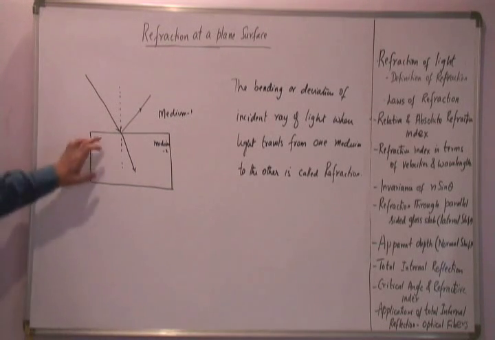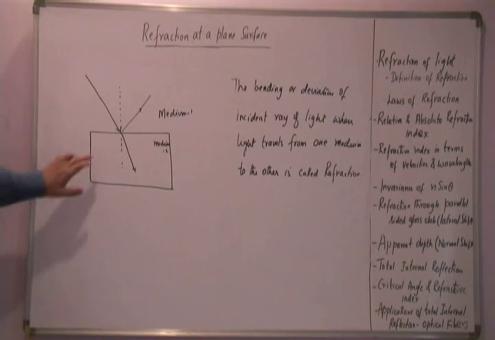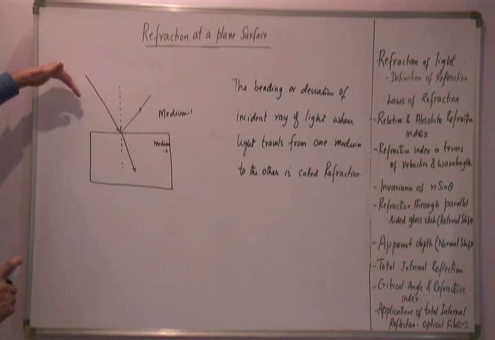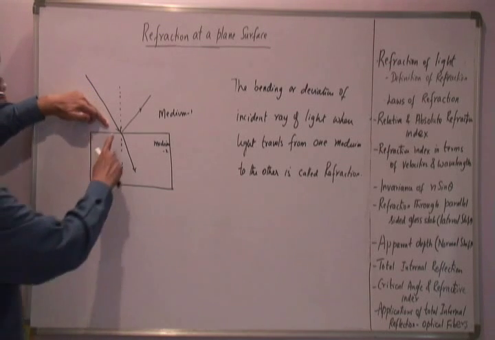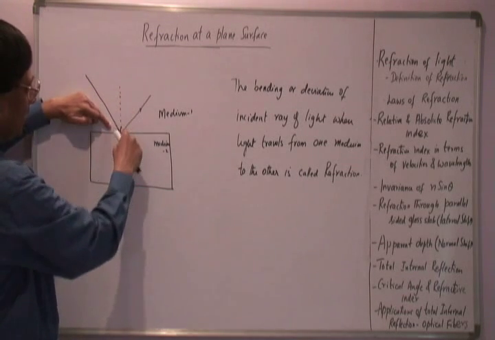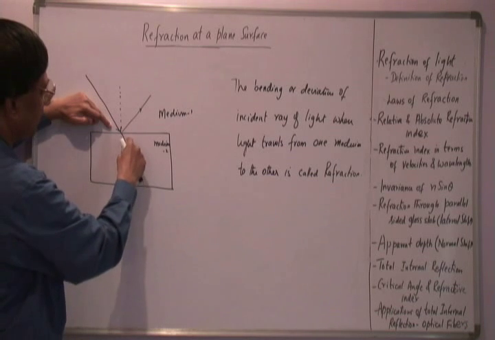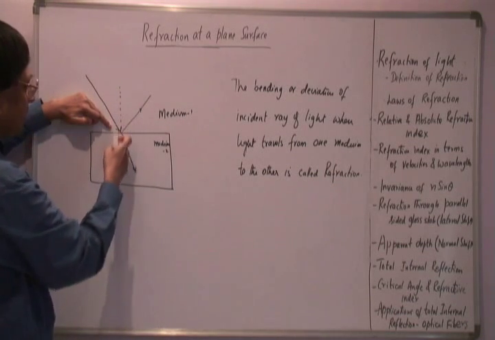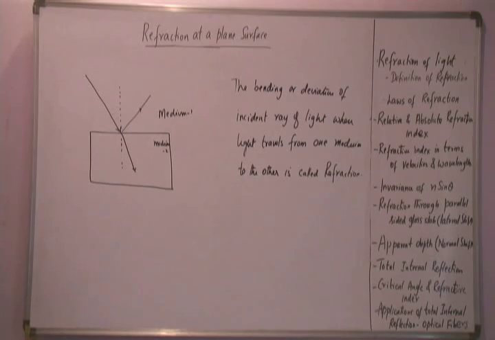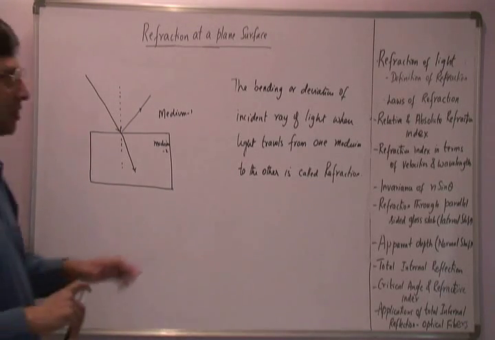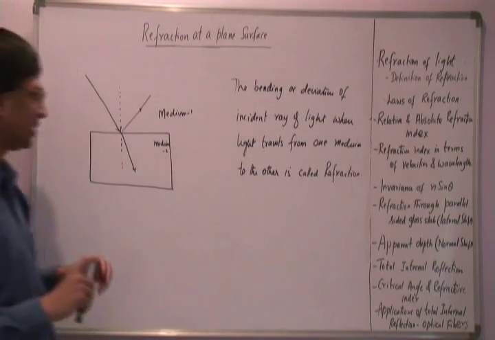There are certain other interesting aspects here when we look at the phenomena of refraction. Now, the laws of refraction state certain things. One is the incident ray, the refracted ray and the normal, they all lie in the same plane. That's one of the observations that have been made over the years.